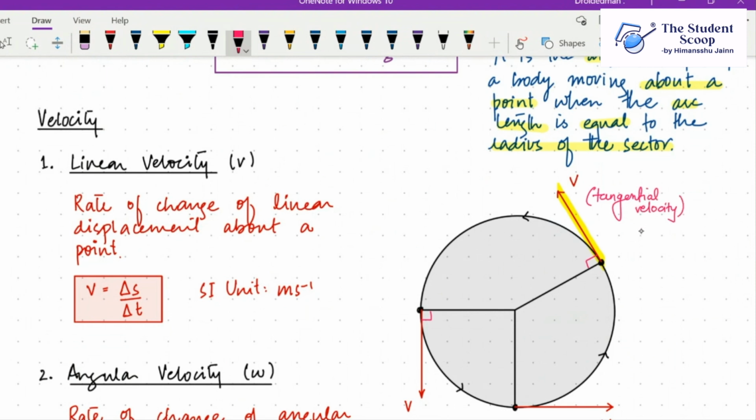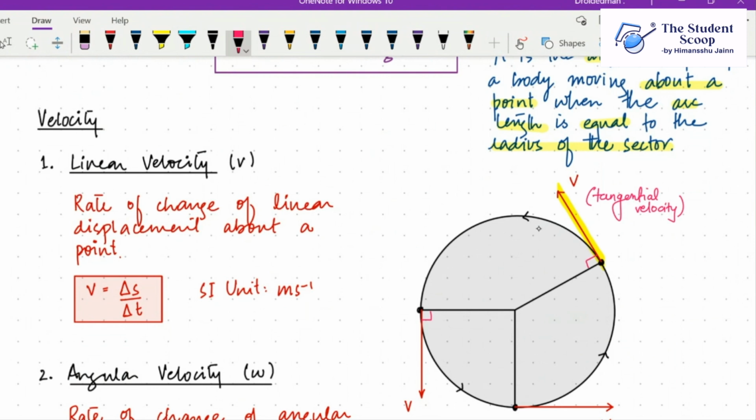Whenever we are dealing with magnitudes only, we can say this is a linear speed or tangential speed. In circular motion the direction is very obvious, because if it is moving in a circle, in whatever direction, it will always be tangential.